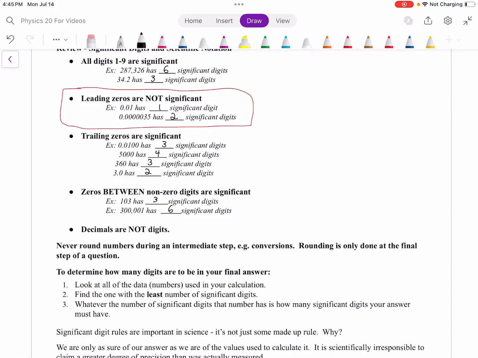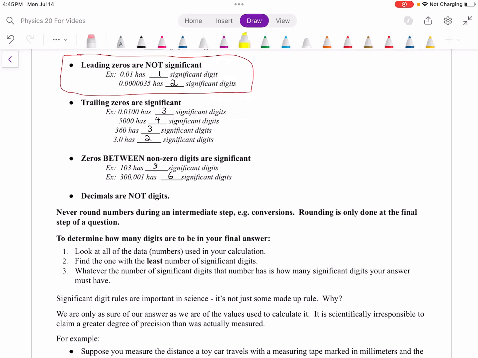why do we care? What are the rules surrounding significant digits? Well, recall from previous courses, it's all about recording your answer to the appropriate level of precision. The rule for the SIGDIGs that your final answer should have is that you look at all of the numbers that you used in your calculation.